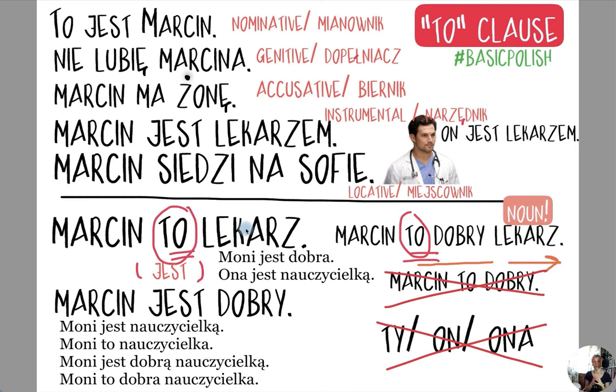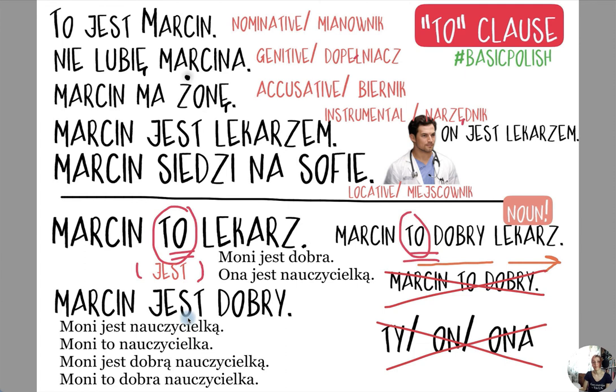So it's really important to understand this. Now, yes, use it with names, absolutely, but don't use it with personal pronouns. So ty, on, ona, to, my, wy, oni, one. That's a no-no.